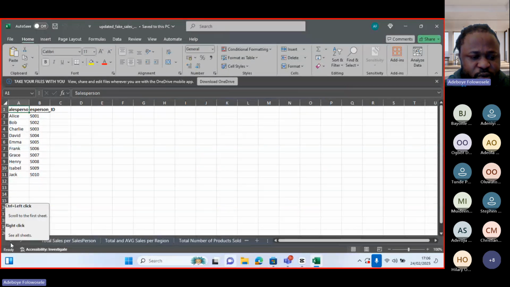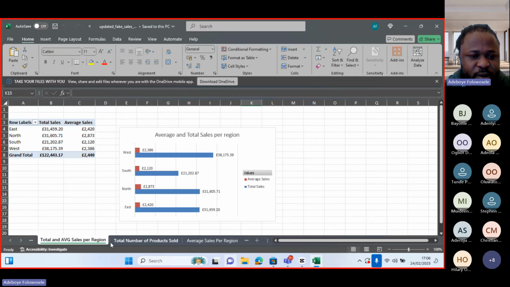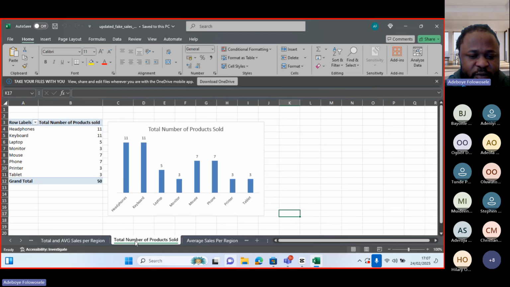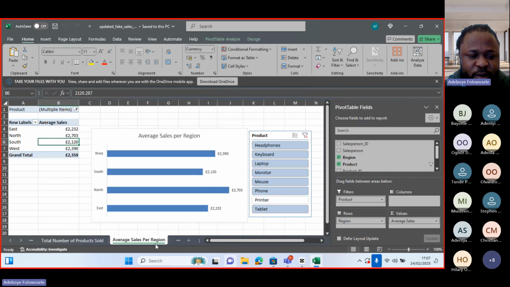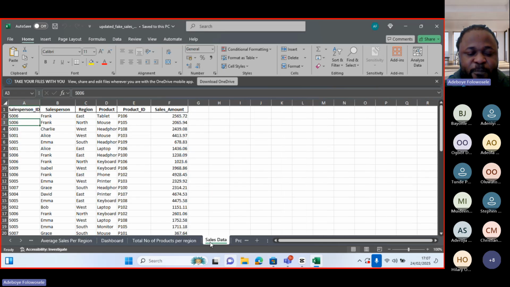These are some of the charts that were produced last week. And this is for average and total sales per region, number of products sold, average sales per region. Then we have total number of products.